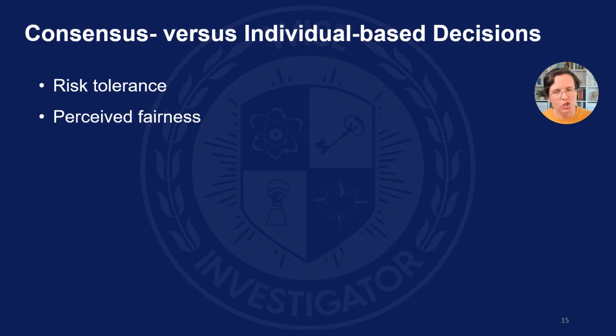It can be harder to know exactly what was going on in that one person's mind, right? Because they're making that decision on their own. They're not doing it in a group. So this means it can be more of a black box. And when something seems like a black box, then we can easily assume that perhaps it's not fair.